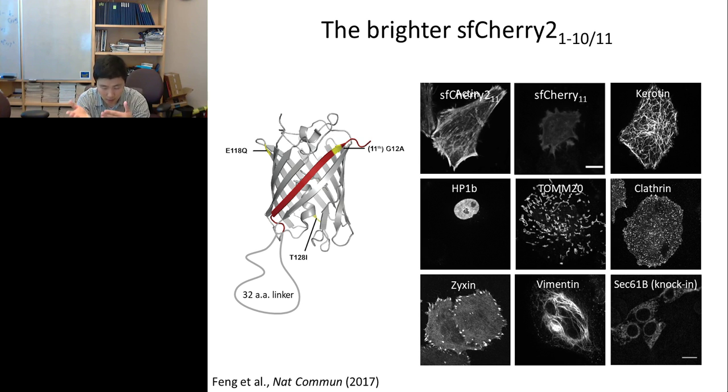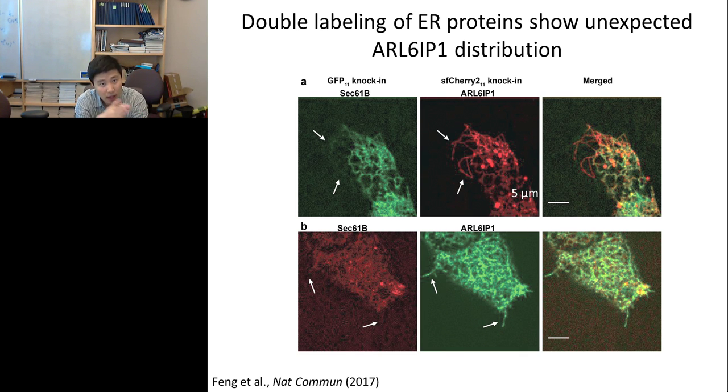For example, we've done double knock-in of two ER proteins, Sec61B and RTN4. And Sec61B has been widely used as an ER marker because it's an ER translocon protein, and its associated protein supposedly has nothing to do with ER morphology, so supposedly it labels all the ER.